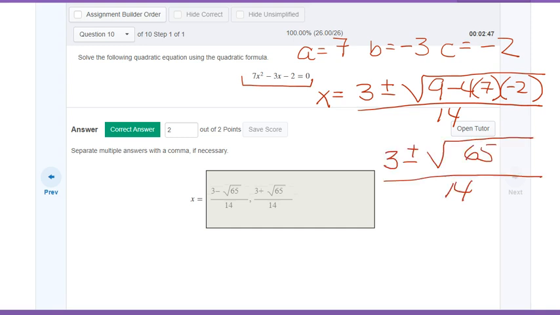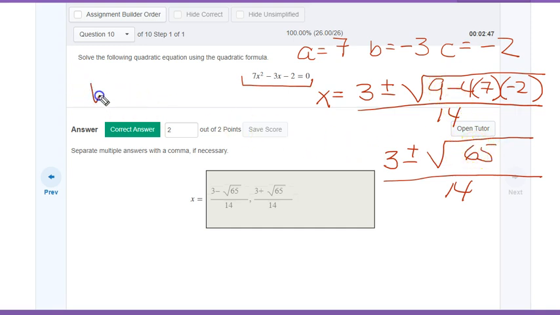So as we do the calculation, a negative times a negative here will give you a positive. So 4 times 2 is 8. 8 times 7 is 56, plus 9 is 65.